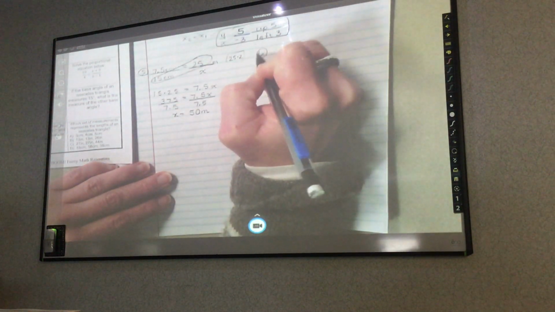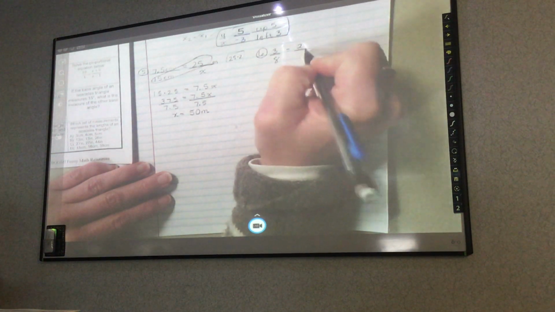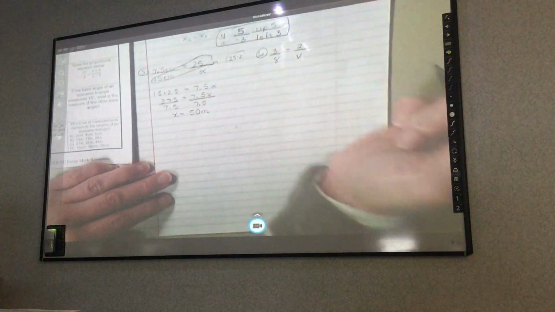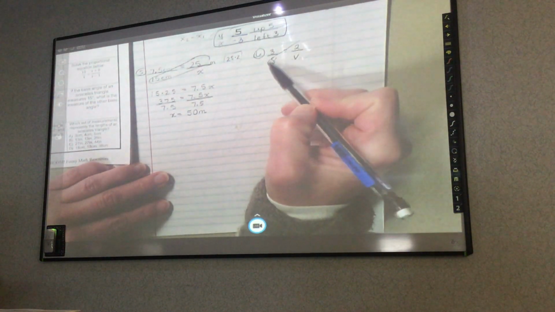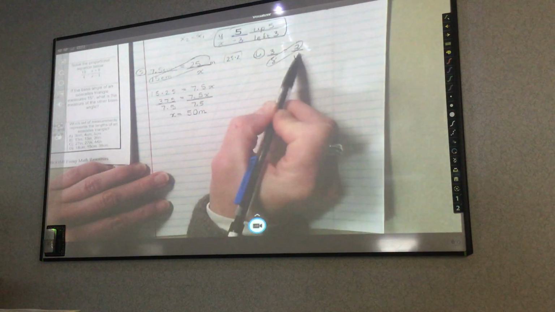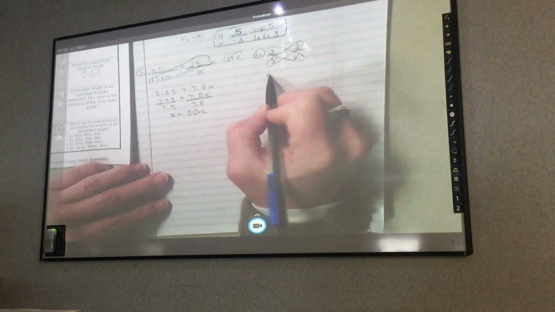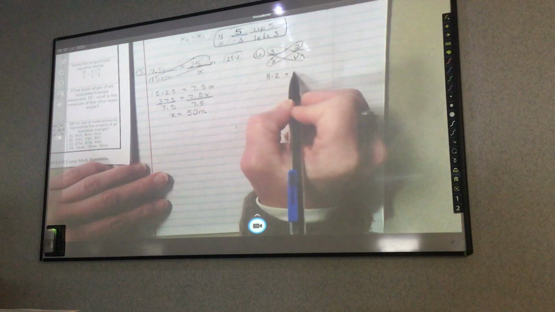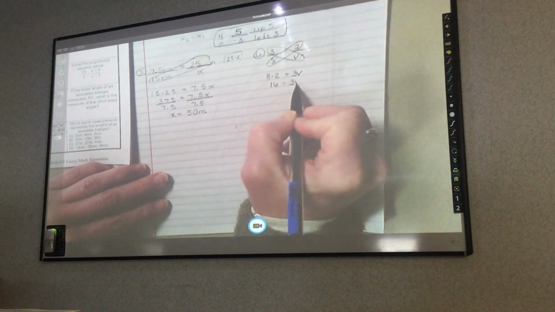Number 6. 3/8 equals 2 over the letter V. How do you solve this? Cross multiplication. You have to show me this work. I walked around this morning and I don't see it. So I have 8 times 2 equals 3 times V. So then I have 16 equals 3V.